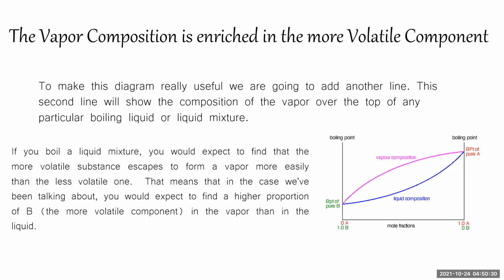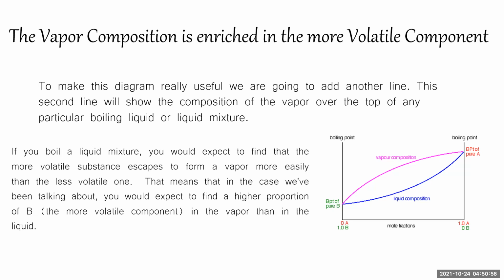Okay, so the basis behind this is that if you have a mixture of two miscible liquids and you heat it up and it starts to boil, is the composition of the vapor going to be exactly the same as the composition of the liquid? The answer is no. And if it was the exact same all the time, there would be no way to separate them.